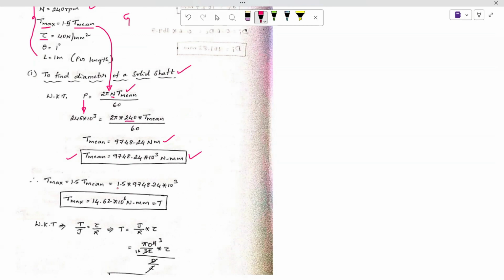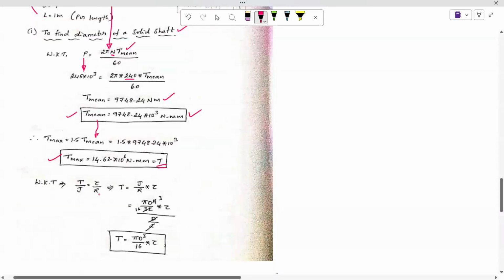Now, using this mean torque and the condition given in the problem, T max is equal to 1.5 times T mean. Substituting here, you get the maximum torque as 14.62 into 10 to the power of 6 Newton millimeter. That is the torque you need to consider for solving the problem.